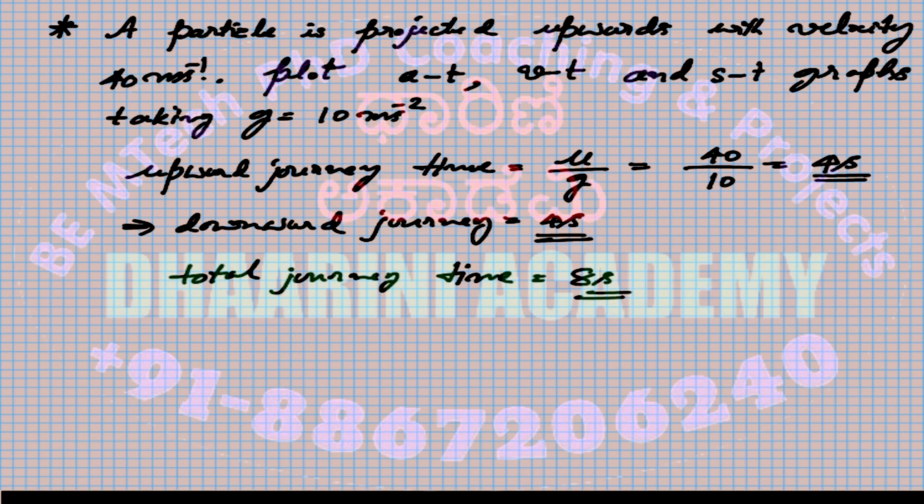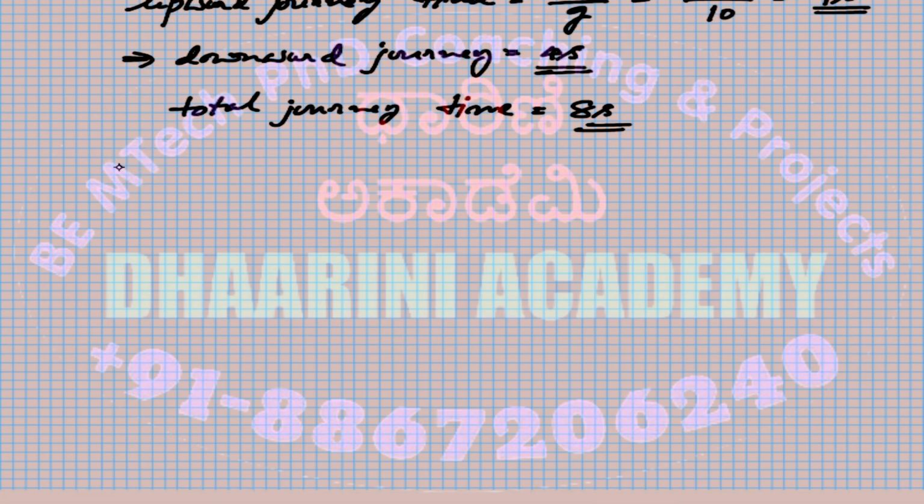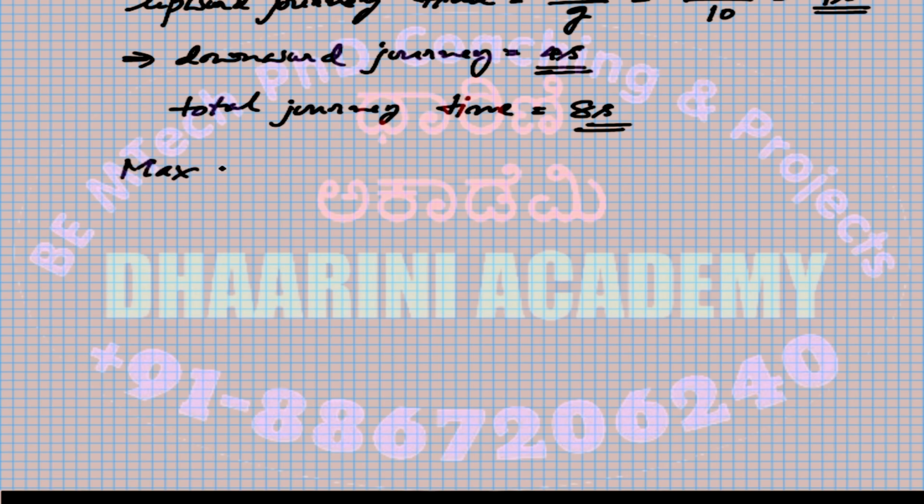Alright, then I can also calculate the maximum height attained by the particle, right? So again, we have a formula. Maximum height is equal to u square divided by 2g.